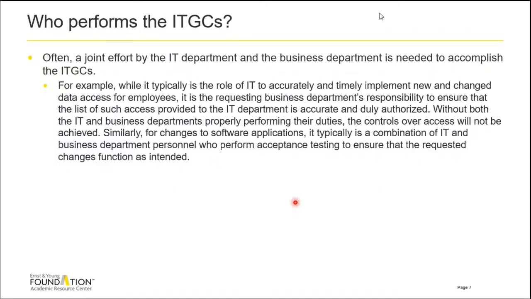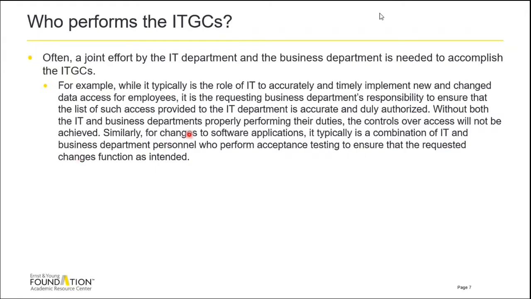So usually, ITGCs is a joint effort by the IT department and the business department to accomplish. So for example, while it's typically the role of IT to accurately and timely implement new and change data access for employees, it is the requesting business department's responsibility to ensure that the list of such access provided to the IT department is accurate and duly authorized.